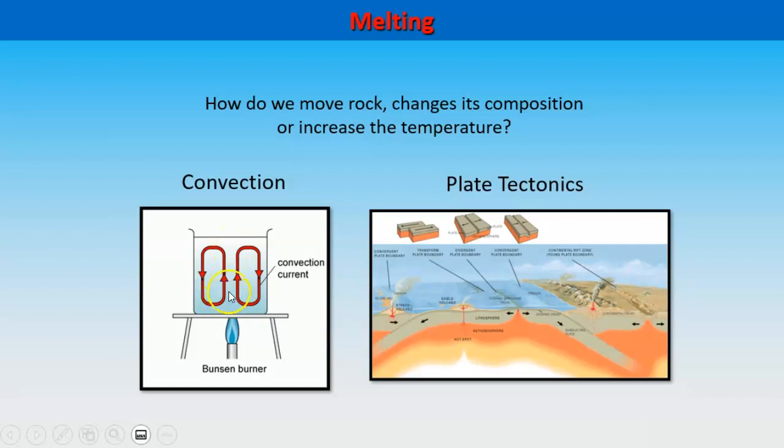So this stuff rises, pushes this more dense material out of the way, which sinks. We end up with these little currents that circulate like this, where when you're near the heat source, you're hotter, you're less dense, you become buoyant, you rise. When you're away from the heat source, you cool, become more dense and you sink. Think that this is what's happening inside the Earth in some way, shape, or form.